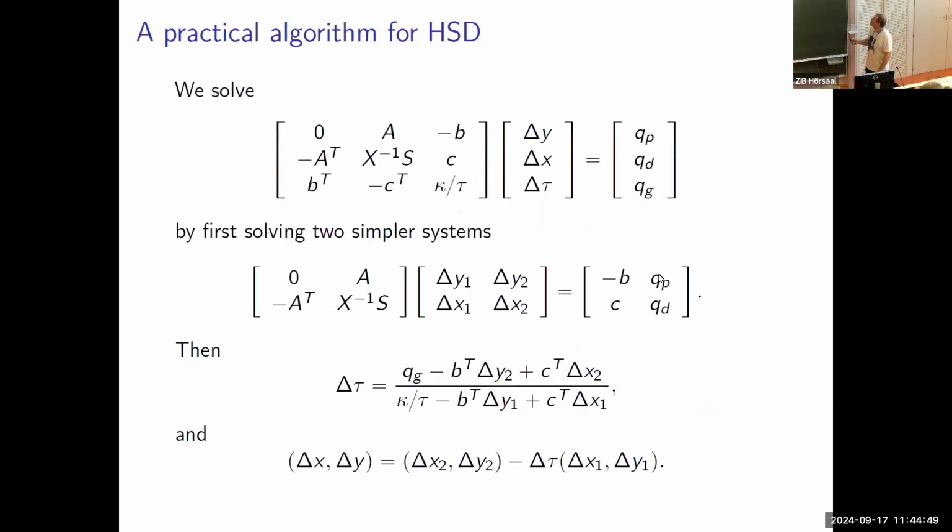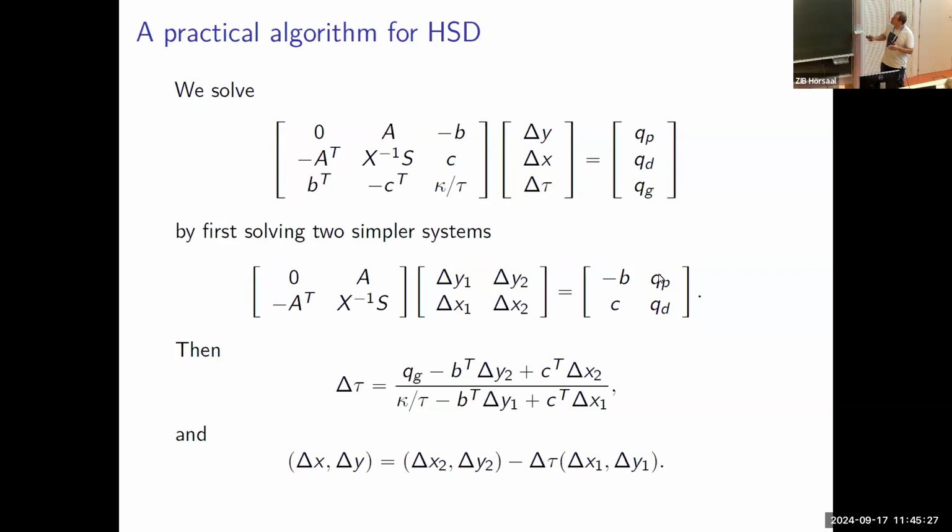To solve this 3x3 system, I'm just going to state what is normally done and then say it's actually easy to verify that this is the case. It's easier to verify than to derive. So just stating this is what you do, then the verification is easy. Just like we solved systems for the infeasible method with this 2x2 block system, we solve similar systems, but for two right-hand sides: for the leading part of the right-hand side and then for the leading part of the border.